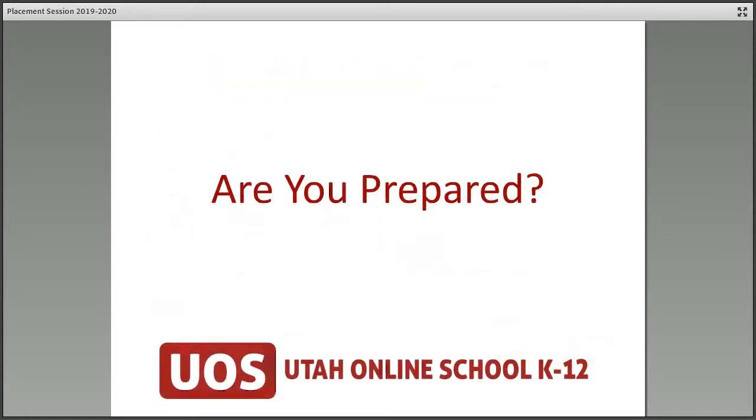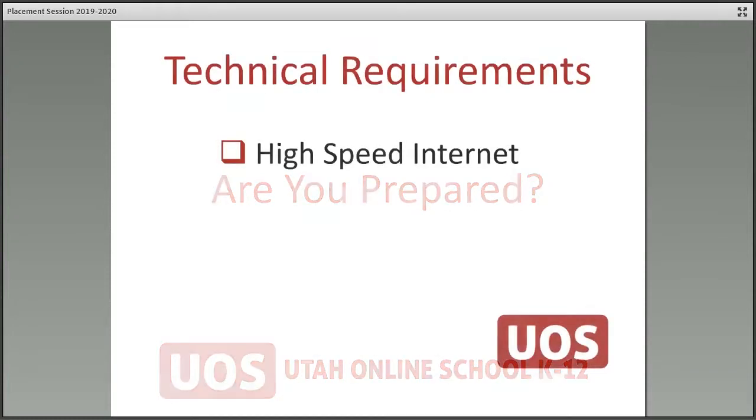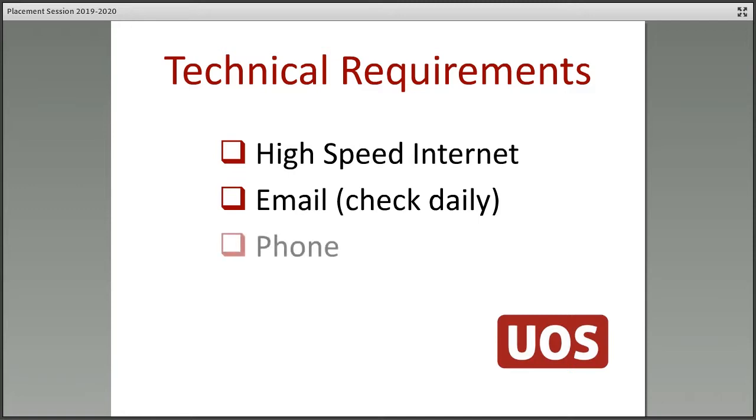As part of enrolling with Utah Online School, we want to know, are you prepared? We require that you have high-speed internet daily at your home. We also require that you have an email address that you check daily and a current phone number where you can be reached.